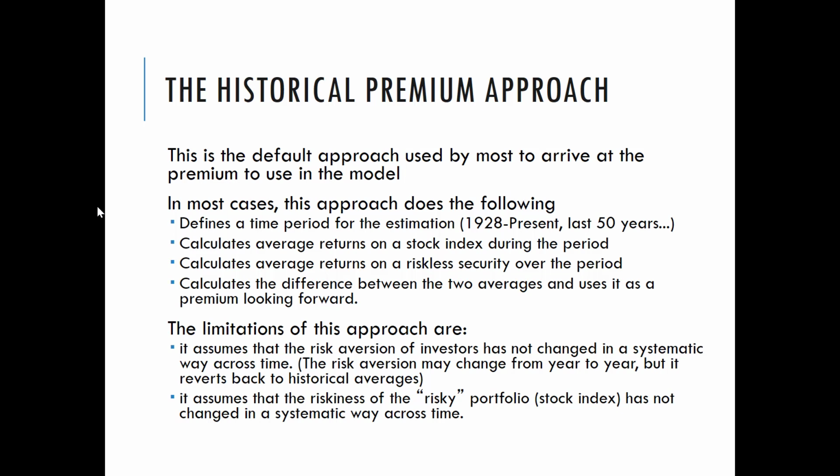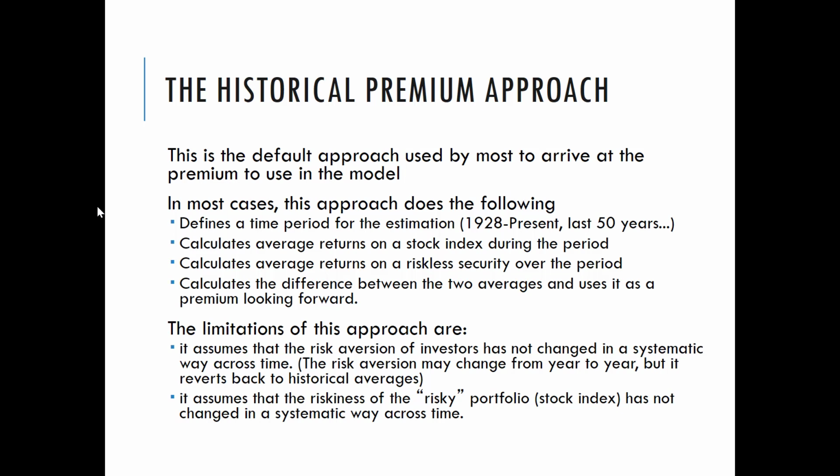So including the Depression is actually not a bad thing to do because it's still part of history and it will tell you what the historical returns have been. But some people might say that the equity risk premium changes over time, because what people demand for investing in equities has changed over time. Previously investing in equities was much more risky, so the premium was much higher in the past and now it has shrunk over time.